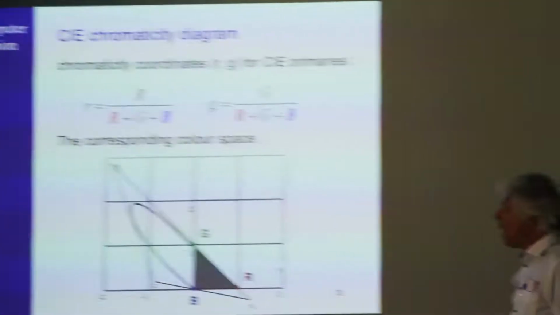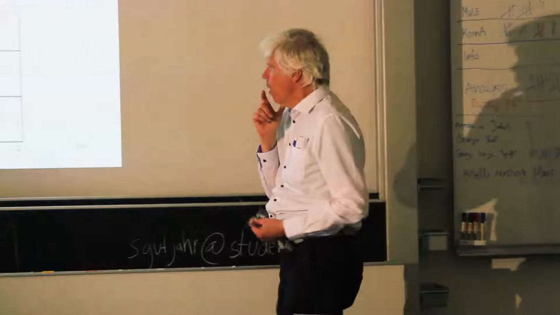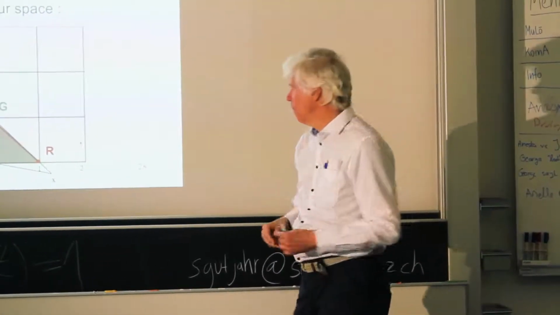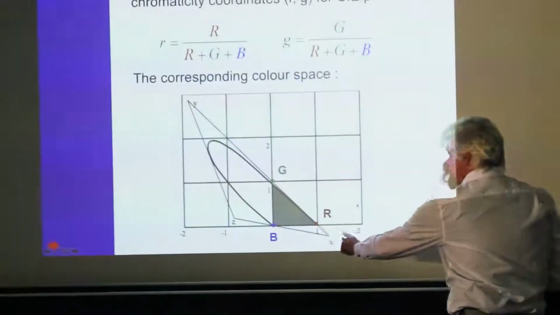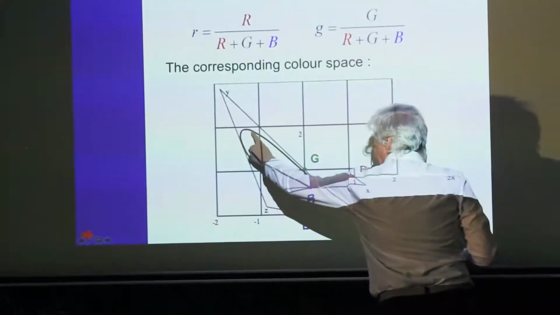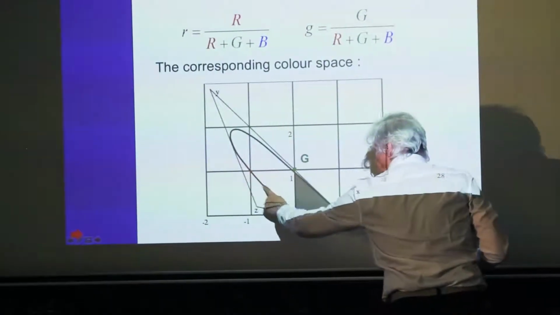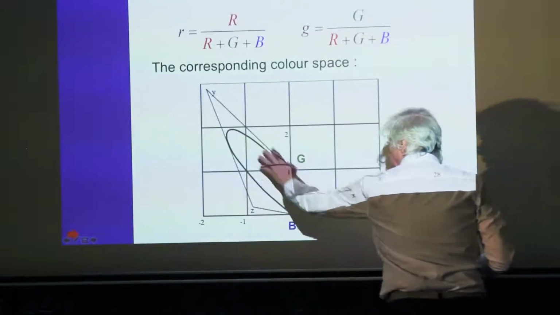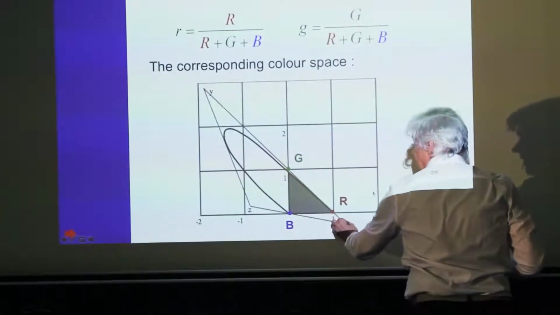Right, so now if you look at this diagram, what are the different colors that we could see? Well, they're lying in this envelope here. It starts here, follows this spectrum locus, as it is called, and goes back here. So all the colors within this area we can see.